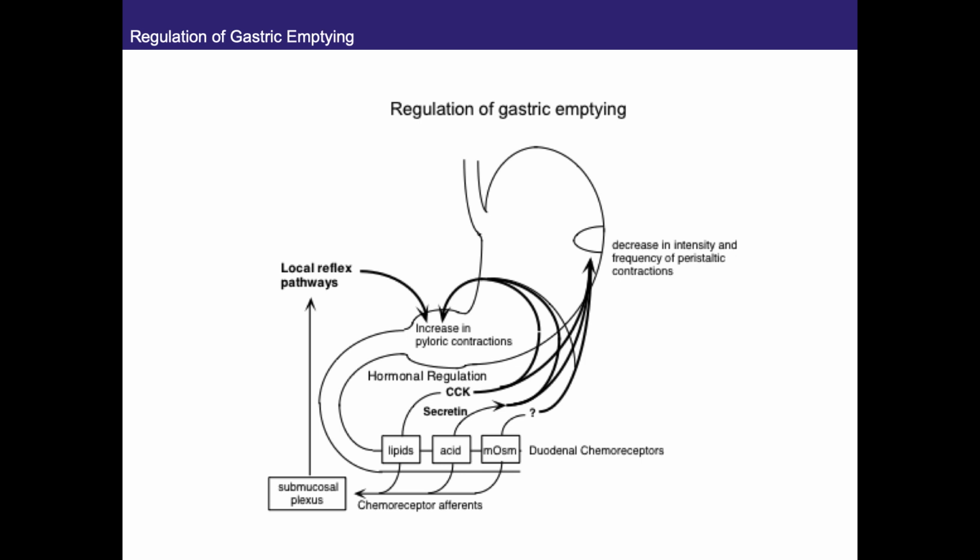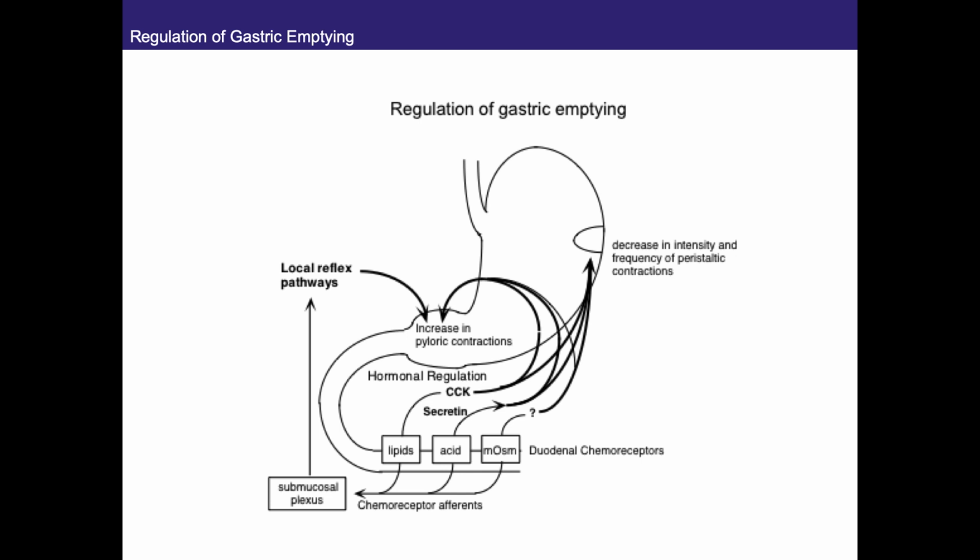What happens is as soon as you get a little bit of food into the small intestines, it decreases gastric emptying. See, that seems a little counterintuitive. Why would you slow everything down? Why would the pyloric junction now increase contractions, right?